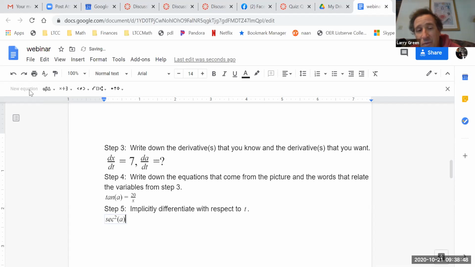But then it's with respect to t, not with respect to A. So remember, you have to multiply. So times dA over dt. Any questions on that?